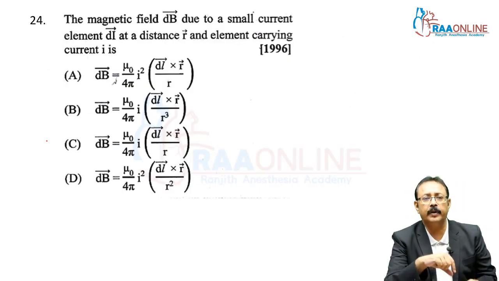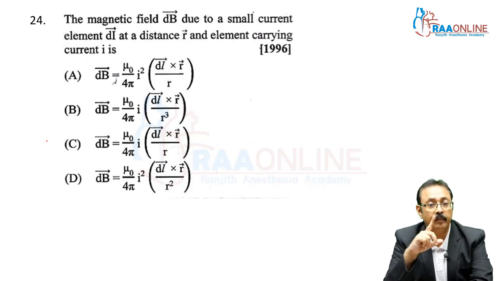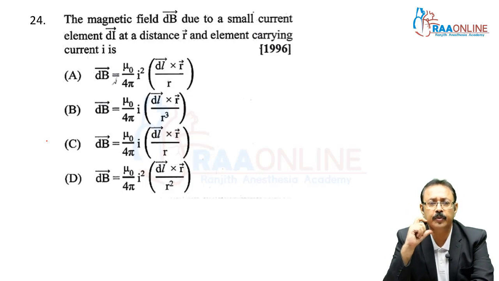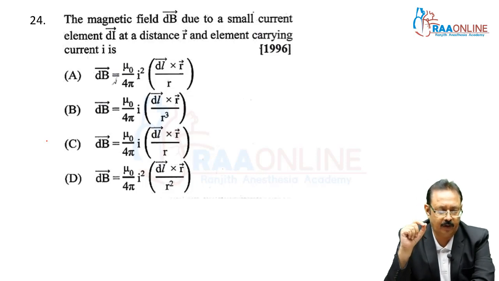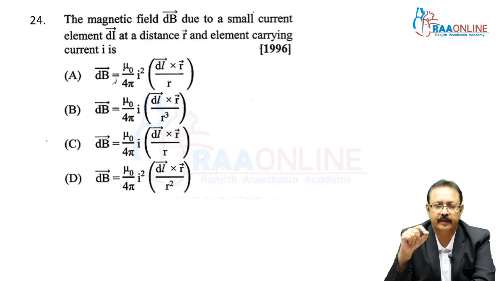Next, it is from 1996 AIPMT. The magnetic field dB due to a small current element dl at a distance r, current carrying is I, again a direct problem of Biot-Savart law, mu naught upon 4 pi I dl sin theta by r square.